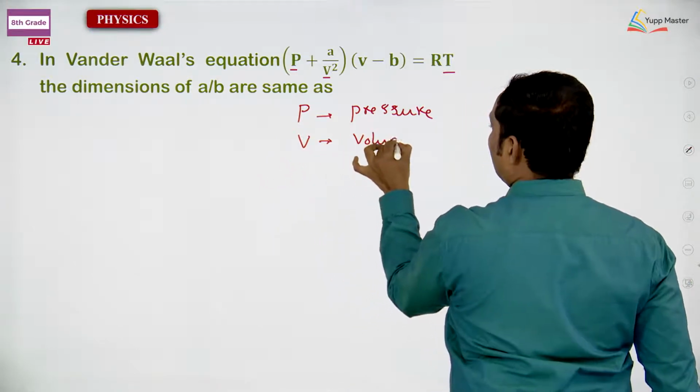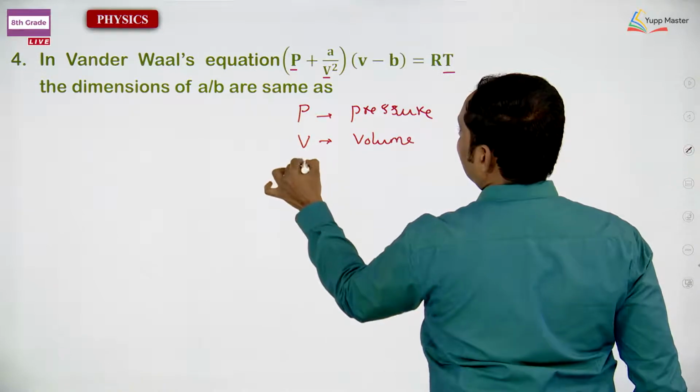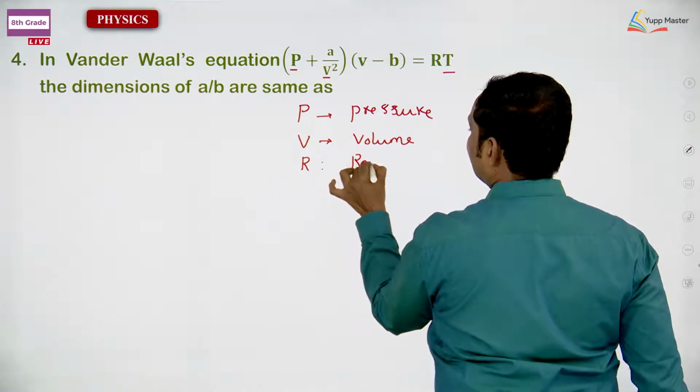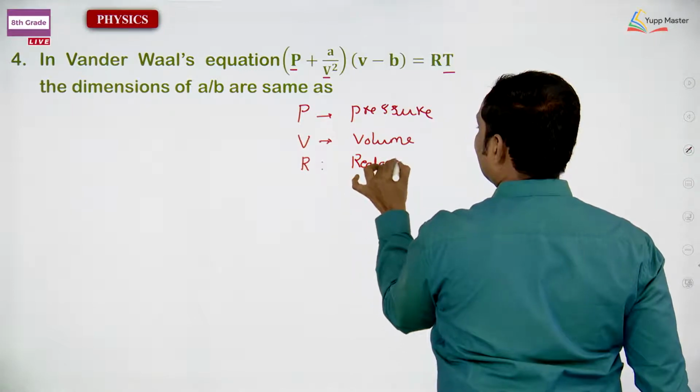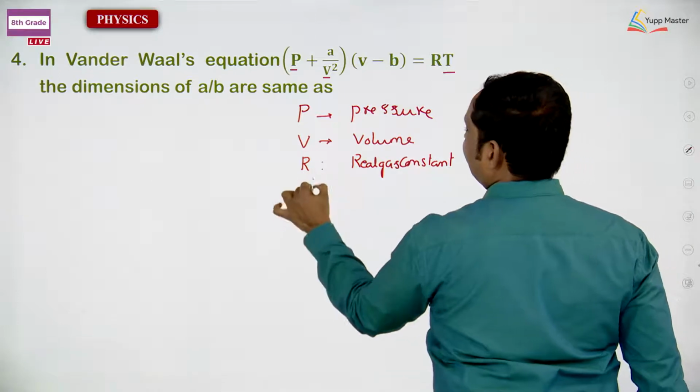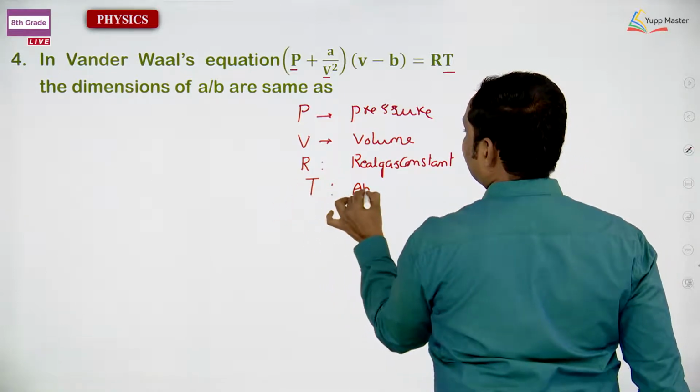V is the volume, and R is the real gas constant. And T is the absolute temperature.